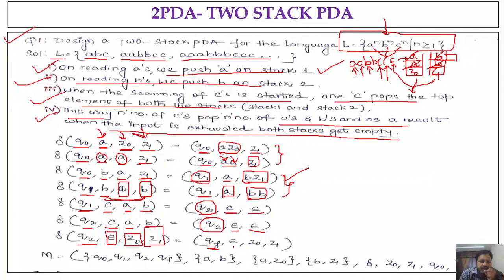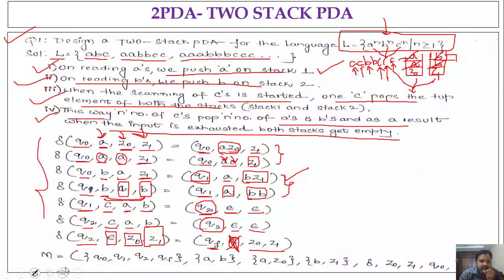And we push z0 in stack 1 and z1 in stack 2. Here we have one mistake, that epsilon, so remove it. So we will get qf comma z0 comma z1. Please change it in that material also. So this is how we could write this transition function delta.